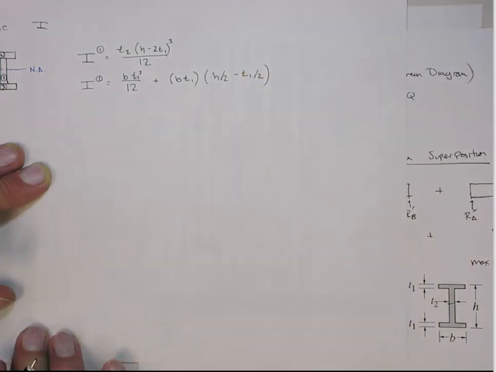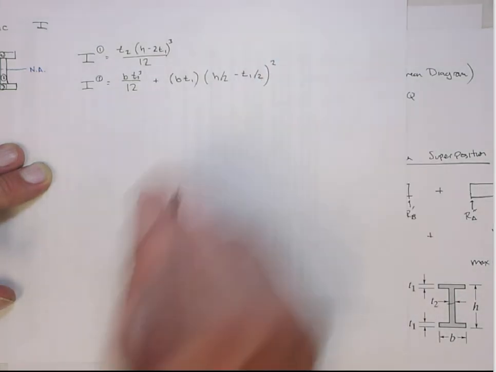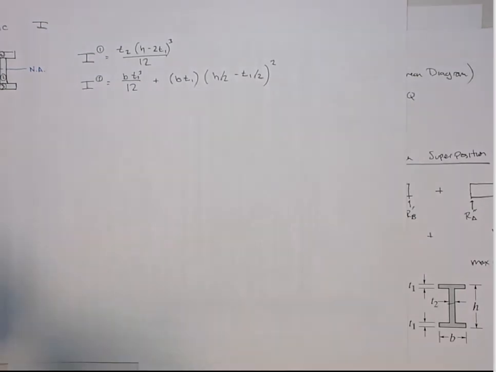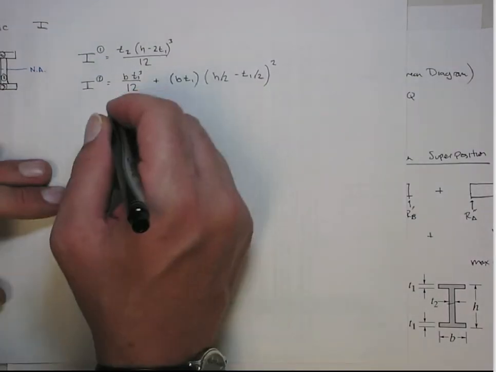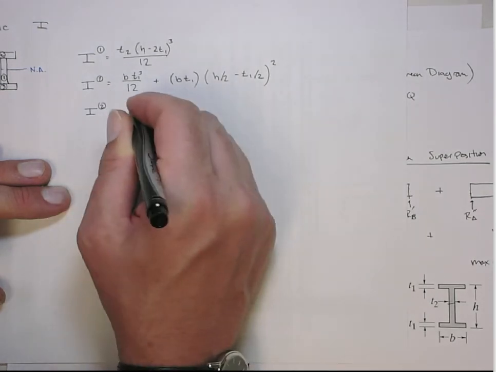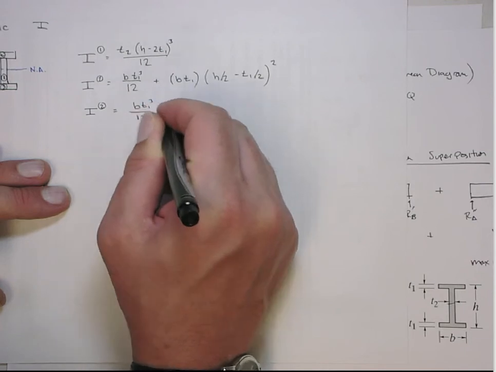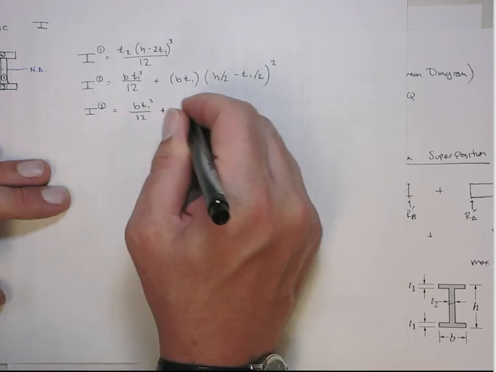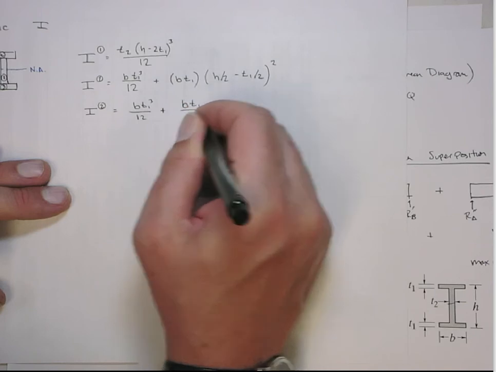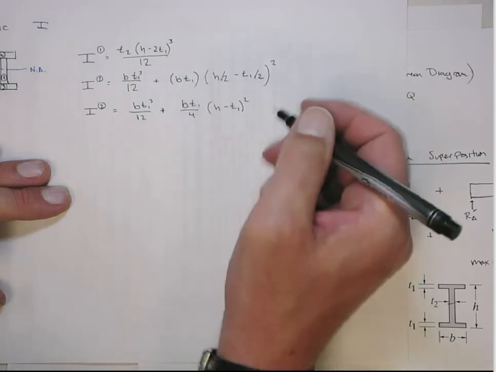That's the distance to the centroid, and then we square that because it's parallel axis, right? So actually I can write this as, take the 2 out of here, that's a 4. So we get B T1 on 4 times H minus T1 squared.